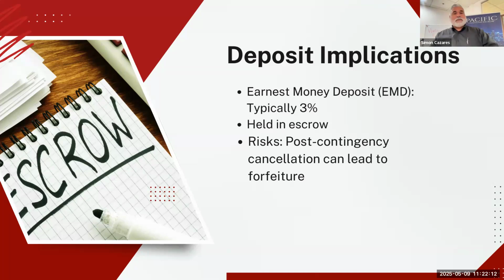I'll give you an example. It happened to one of our agents here a couple of years back. They represented the seller. The buyer released any and all contingencies: loan, appraisal, physical conditions, everything. And we had a contingency removal CR form. The buyer at the last minute decided to cancel.